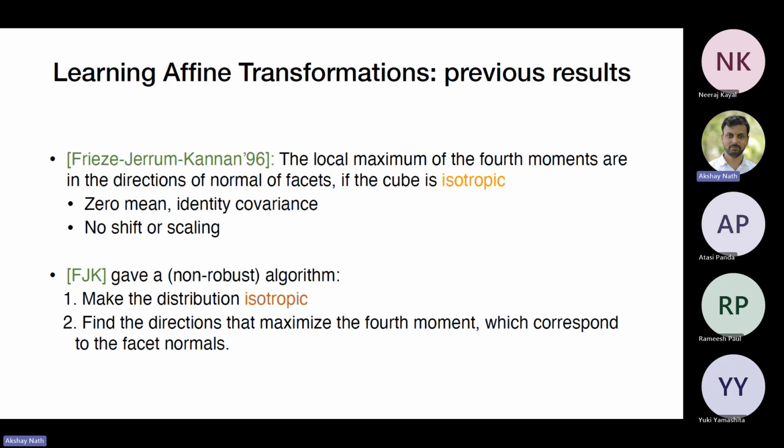What is the local maximum? The fourth moment is a tensor, and you can think of it as a function on the directions, where each direction gets a number, the fourth moment in that direction. Like a generalization of a bilinear form. Yes.